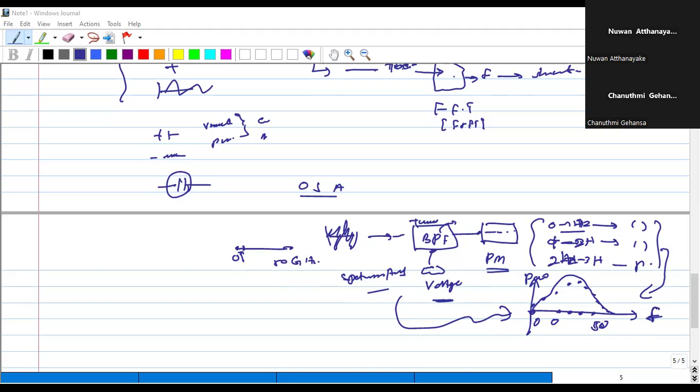So for analyzing the measurement, there is a corresponding chapter in our reference book. That is chapter 1. In chapter 1, we have these things, the qualities of measurement.